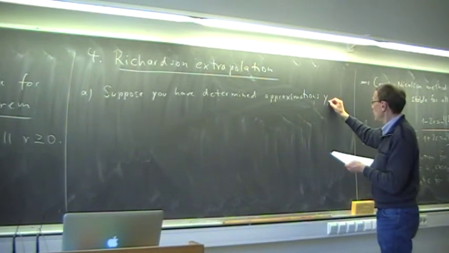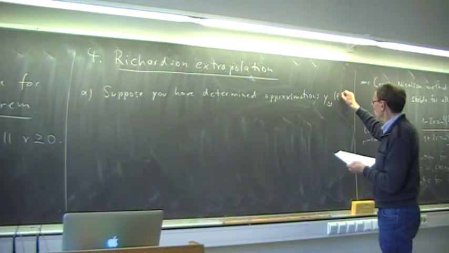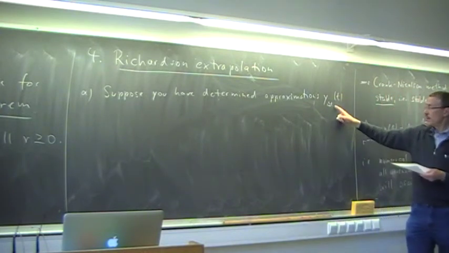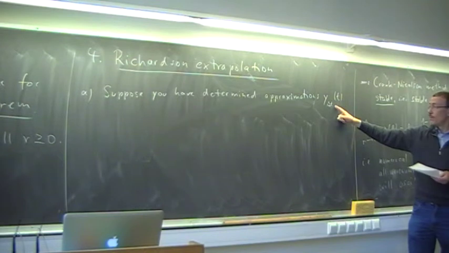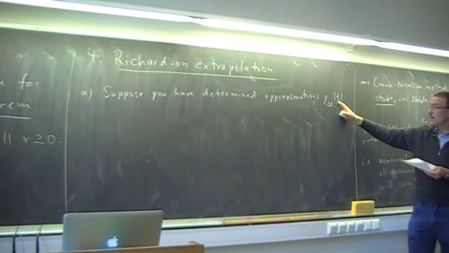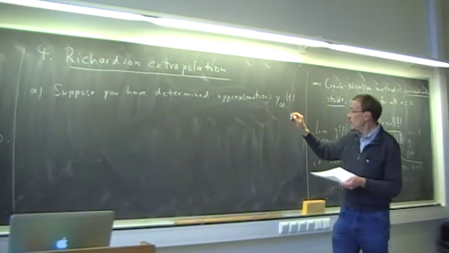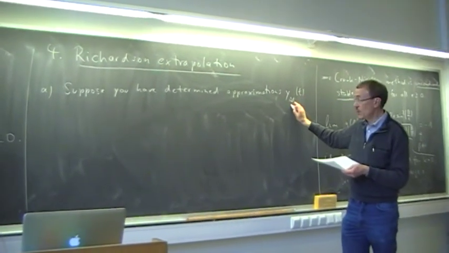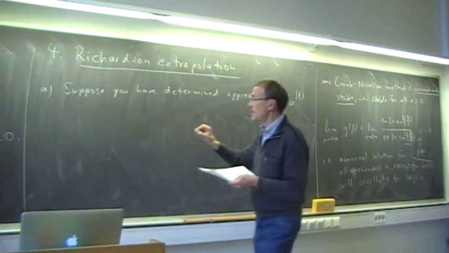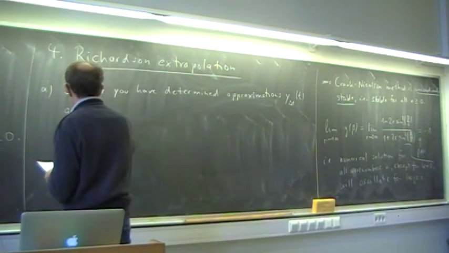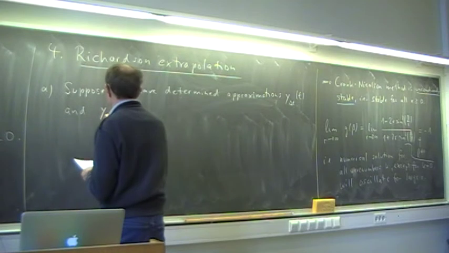I call it y delta t of t. And what I mean by that is a numerical method to compute an approximation of an ODE at time t using the time step delta t. So then we have one approximation obtained with delta t, and another one we have obtained with delta t half.